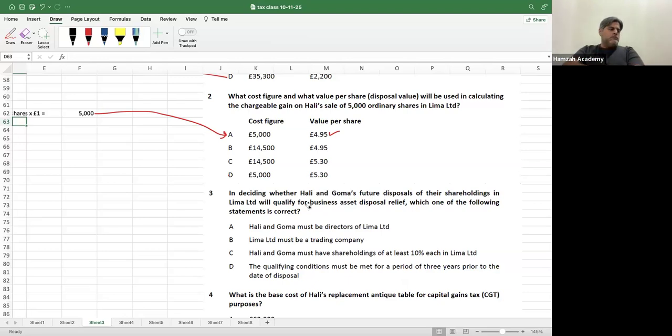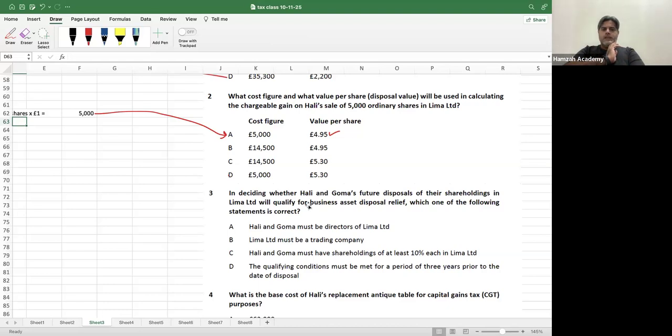If you explicitly check it onto the shares, then the point is you have to see either the seller is the employee of the company, or you have a 5% holding of the company.